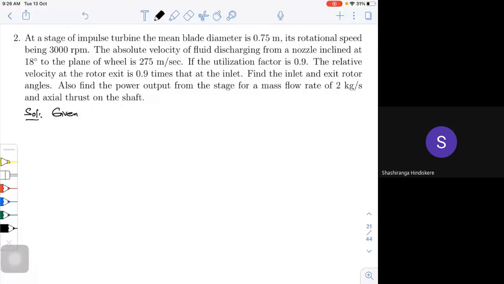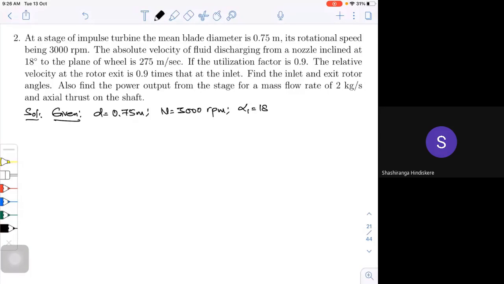What is given? It is a common diameter, the mean diameter. Let me call it D equal to 0.75 meter, and the speed N is equal to 3000 rpm, and alpha 1 is equal to 18 degrees.